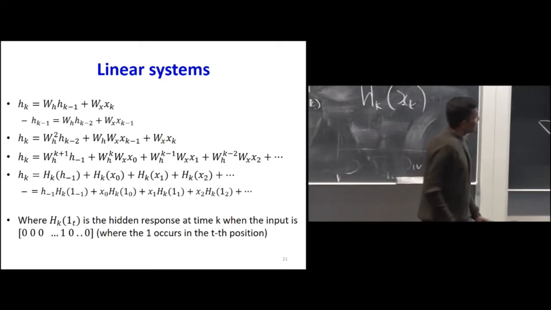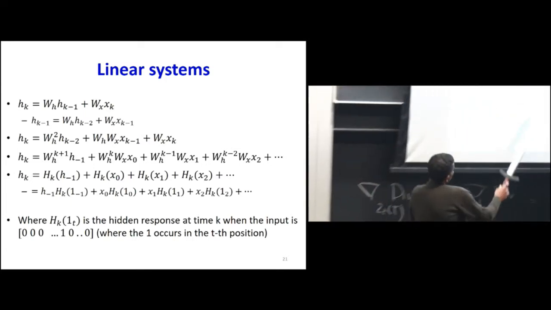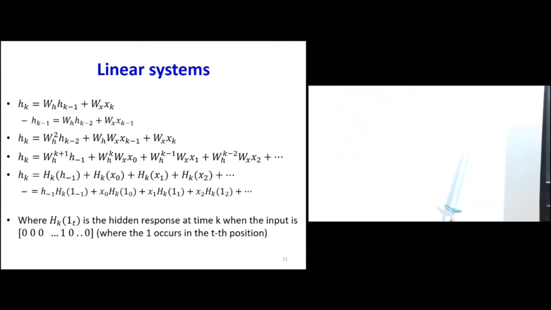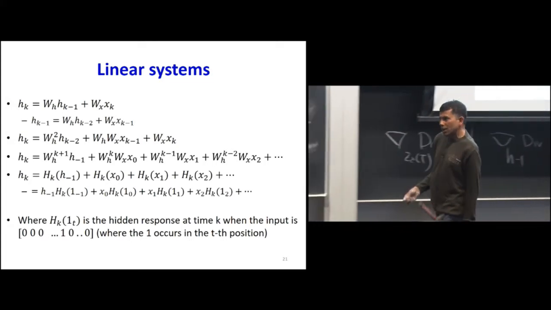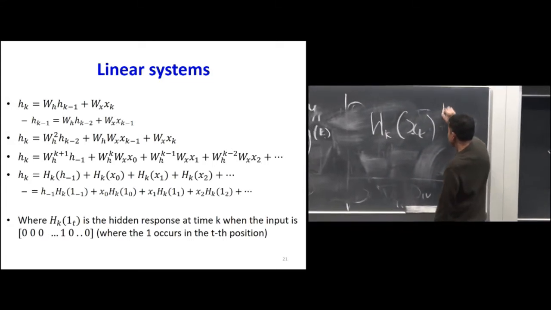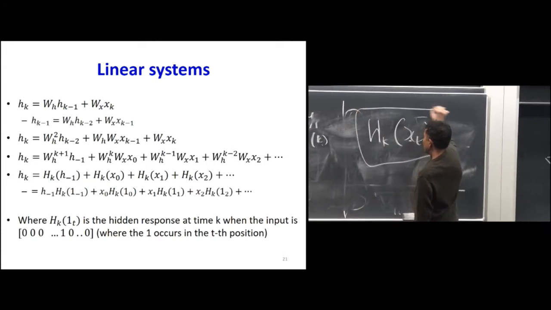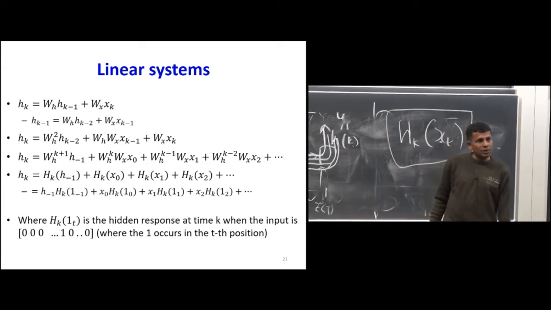You can actually see that from this equation. Each x is being transformed in some manner, and it's just being added to the output. So if I analyze just this behavior, it tells me everything about how the system is going to respond.